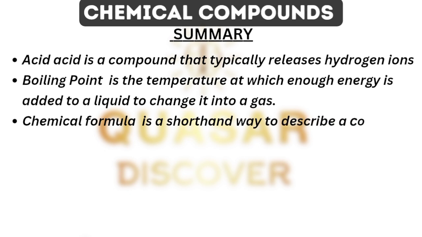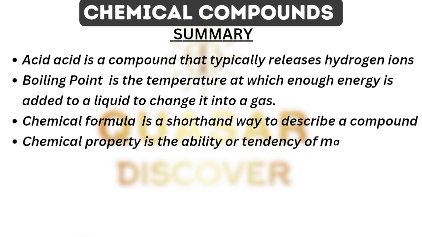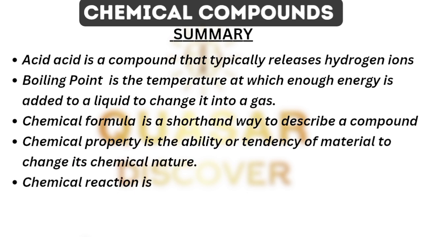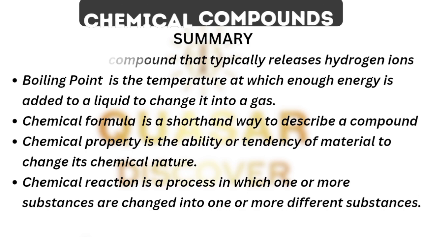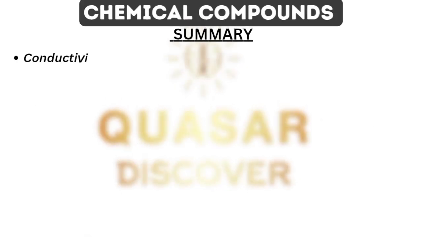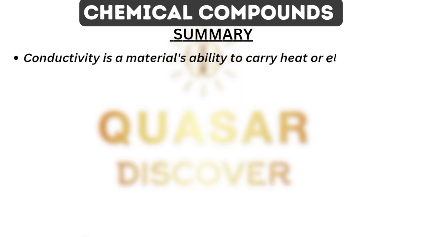A chemical formula is a shorthand way to describe a compound. Chemical property is the ability or tendency of a material to change its chemical makeup. Chemical reaction is a process in which one or more substances are changed into one or more different substances. Conductivity is a material's ability to carry heat or electricity.